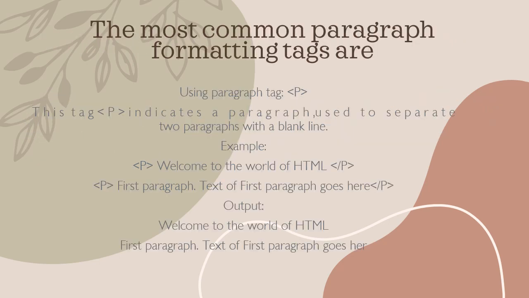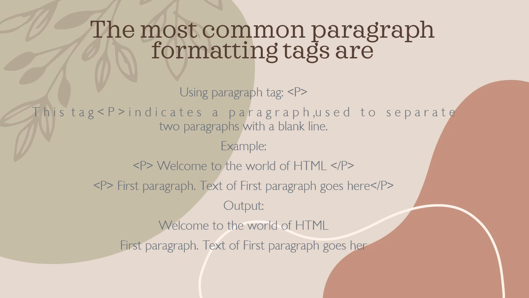Next, the most common paragraph or formatting tags. Here we are using the paragraph tag P. This tag P indicates a paragraph, used to separate two paragraphs with a blank line. For example, P has been written in the angular brackets. Welcome to the world of HTML, and it has been closed within the angular bracket.